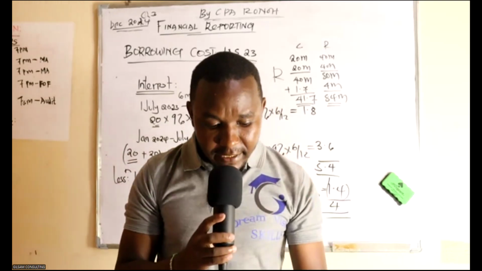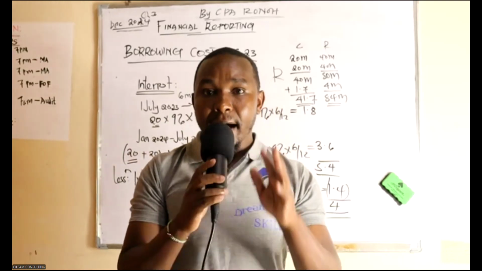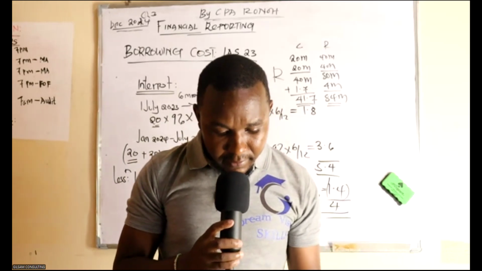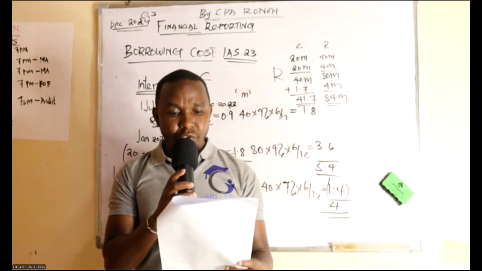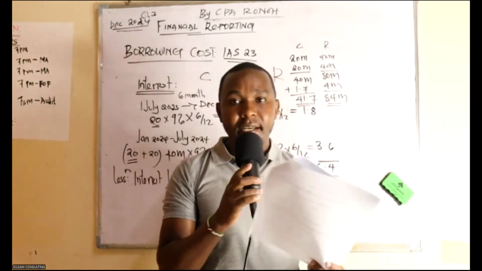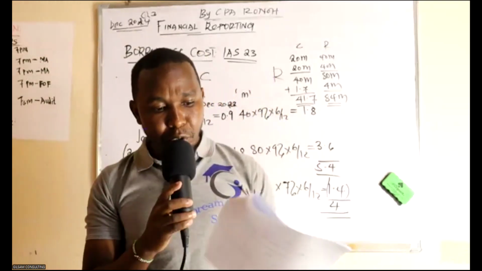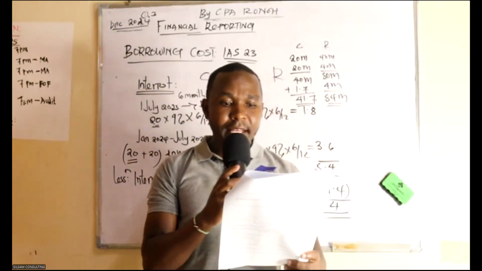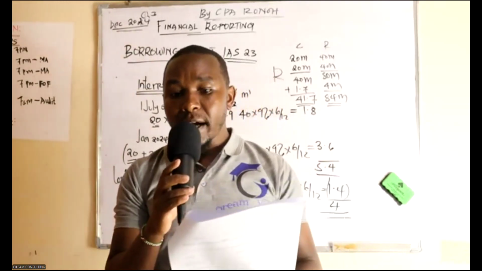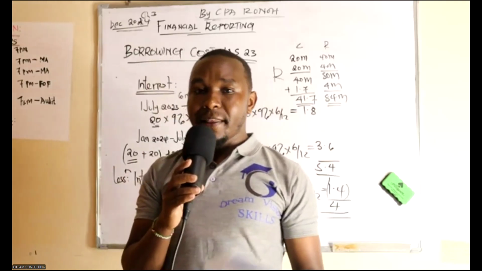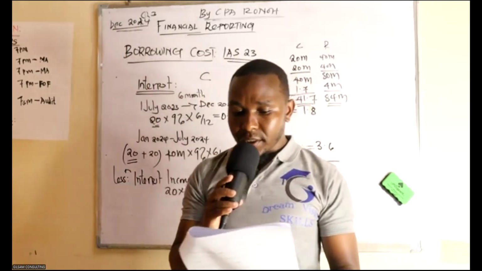They only change the name of the company, the amount, and the year. So if you look at 2011 and 2012, one was Assure Limited, the other one was Porter.